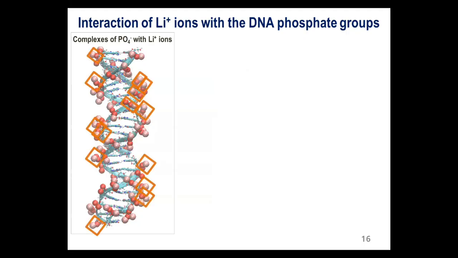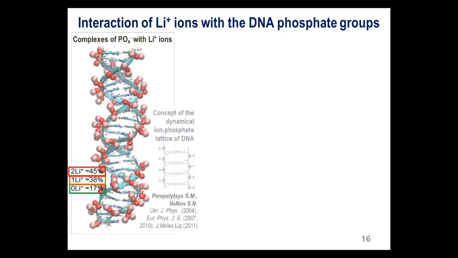Also, of course, we have the phosphates with squares with one lithium ion, and some phosphates without ions at all. So what we have is a system where the phosphate groups are neutralized very intensively.